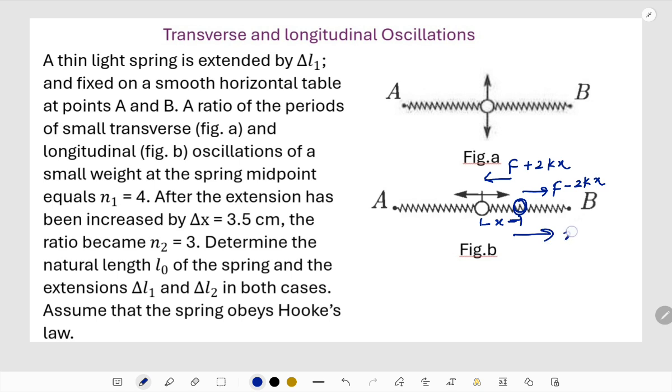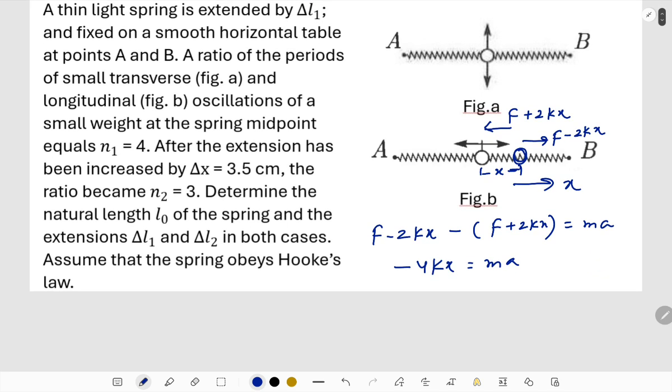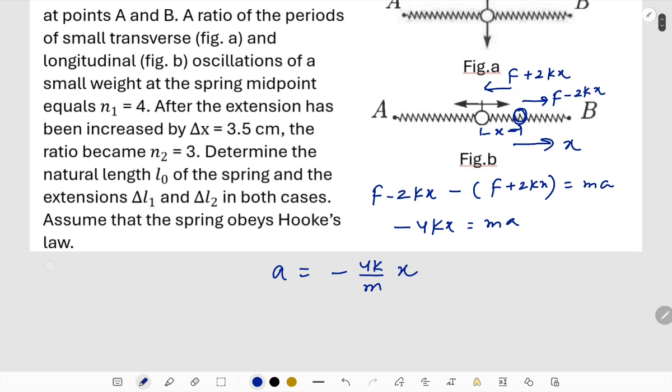I'm going to take this as x-axis, and I'm going to write down my equations like this: F minus 2kx minus F plus 2kx, that is equal to mass into acceleration, and from here we get minus 4kx equals ma, and that means I can write a equals minus 4k upon m into x, and that reminds me of something in simple harmonic motion, that is a equals minus omega square x.